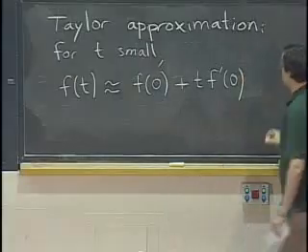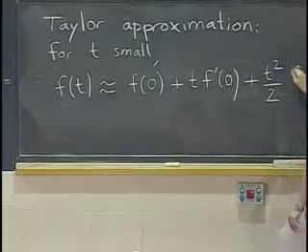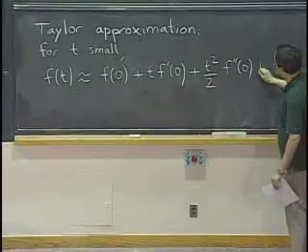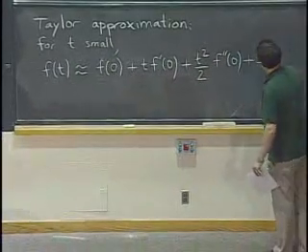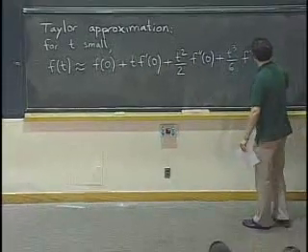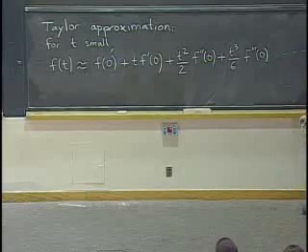Now, if we want to be even more precise, then there's another term, which is t squared over 2 times the second derivative. And if you want to be even more precise, you'll have t cubed over 6 times the third derivative at 0. And you can continue and so on, but we won't need more.